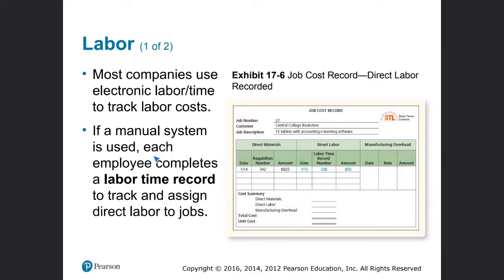If a manual system is used, each employee completes a labor time record to track and assign direct labor to jobs. Here they have an area for their direct materials, their direct labor, and manufacturing overhead, and they've listed that this is for job 27.